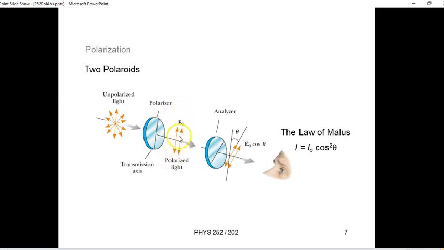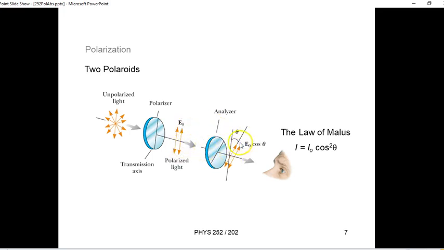So the light coming through here will be polarized parallel to the transmission axis of the first polarizer. Now suppose your so-called analyzer, the second polarizer, has its transmission axis at some angle theta with respect to the first polarization axis.